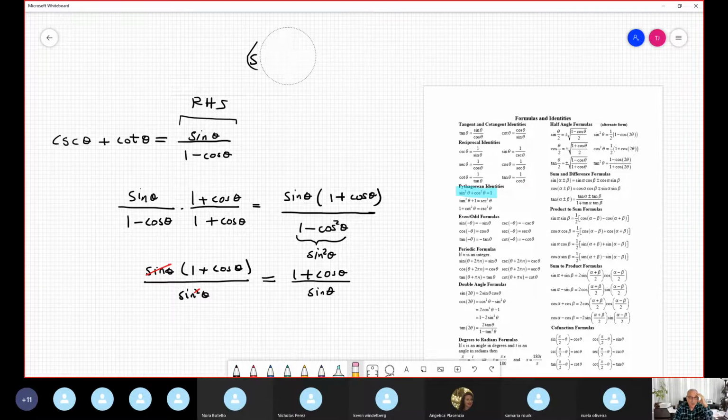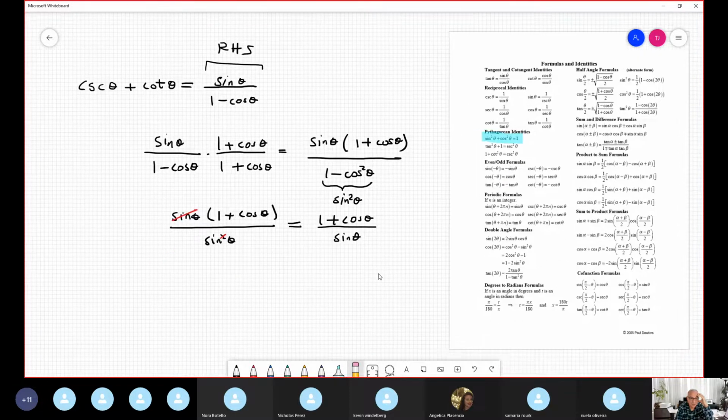Well, we almost finished, because I split this fraction into two fractions. The first one is 1 over sine theta plus cosine theta divided by sine theta. Wow, the reciprocal of sine is cosecant.